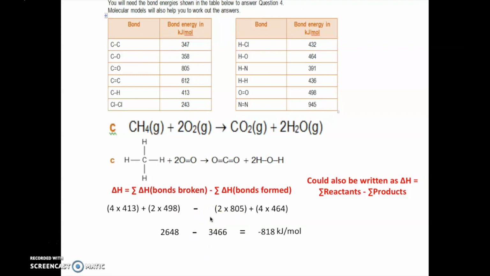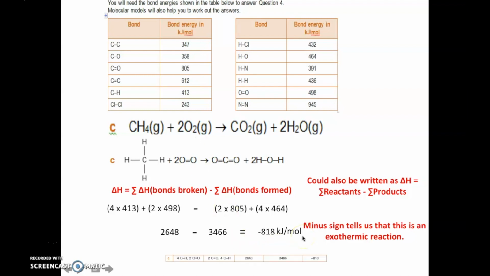Also, as it's a minus sign, this tells us that it's an exothermic reaction. So more energy is given out during the combustion reaction, which makes sense because we know that during combustion you're burning fuels, you're burning gas, which releases energy.